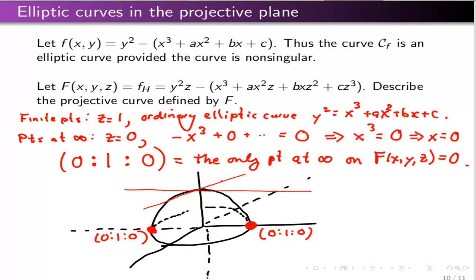So it was an elliptic curve that would come around like this, something like that, up in the finite plane, and then you want to project that onto the hemisphere. So what are you going to get? You're going to have the curve approach this point at infinity. Let's thicken it up.